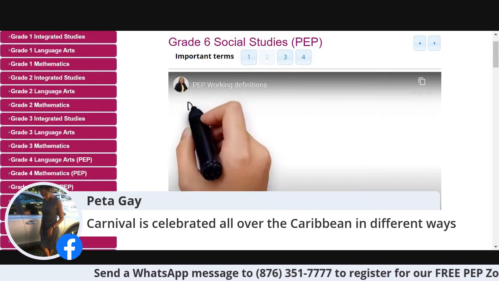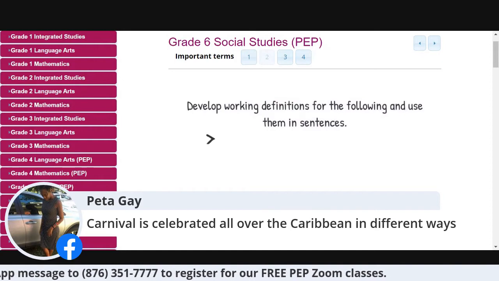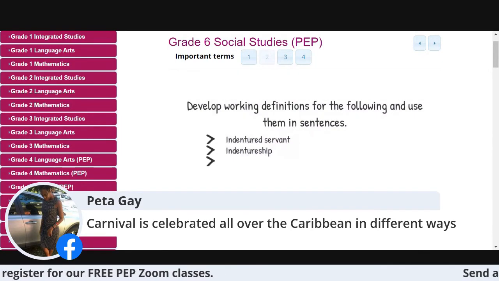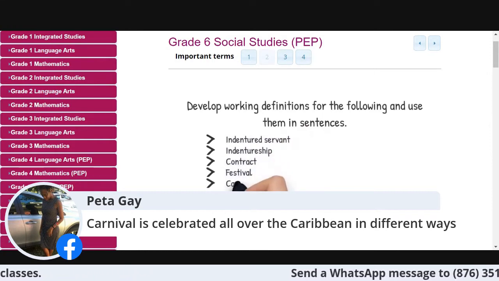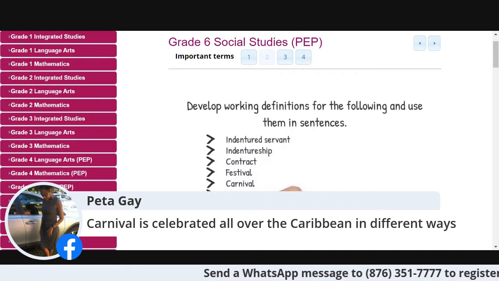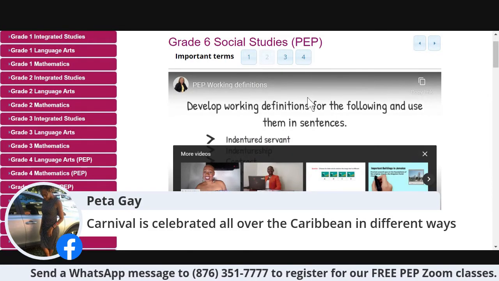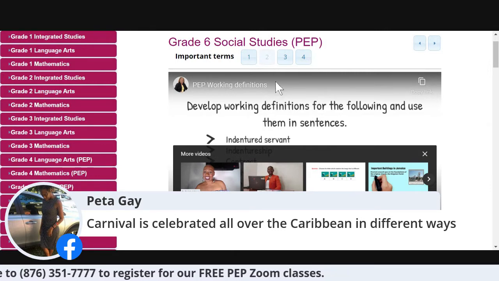So we're still talking about developing working definitions for the following and using them in sentences: indentured servant, indentureship, contract, festival, carnival, immigrant. So guys, you can always return to the Learning Hub and watch that video with the important terms. We're going to move along because we already spoke about the terms.